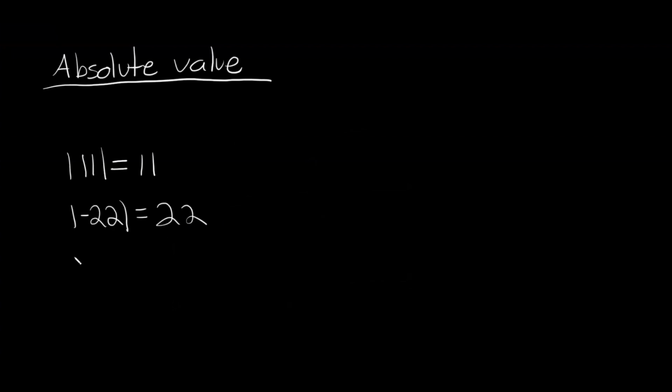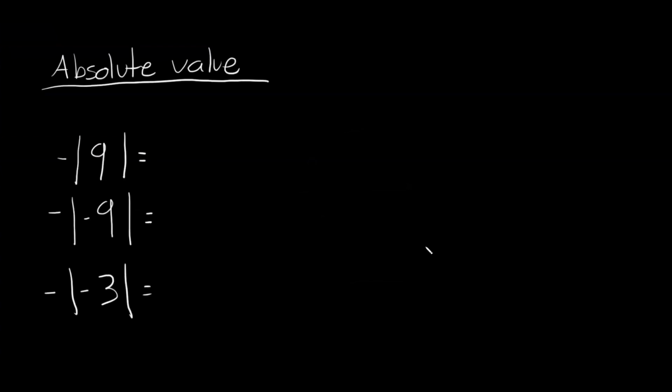And as far as the absolute value of 0 goes, if you're directly on a number line at the point 0, you are none away from 0. Your distance from 0 is nothing. So the absolute value of 0 is just going to be 0.